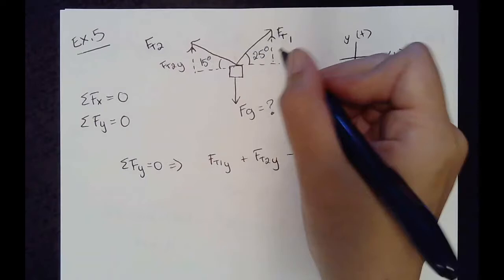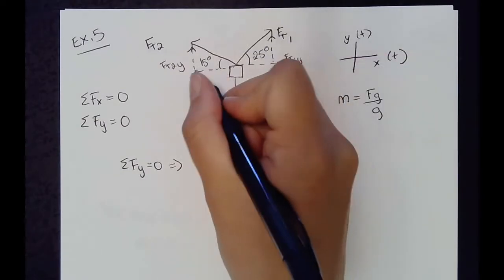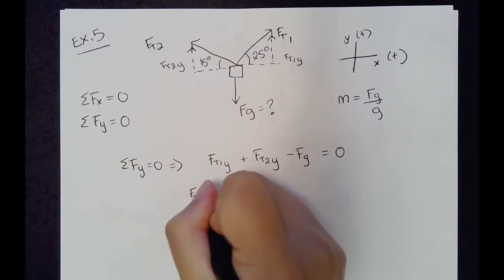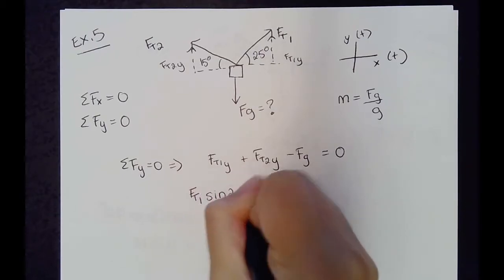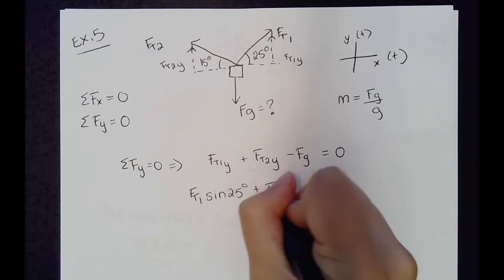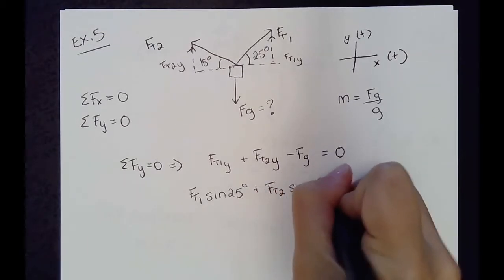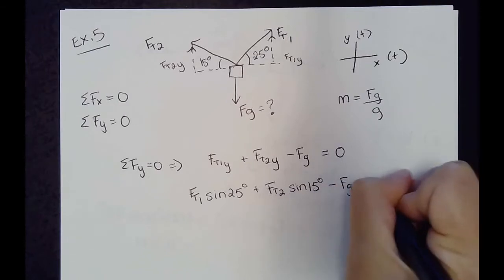Then putting in the components, they're both opposite to the angles, so they're both sine. So Ft1 sine 25 plus Ft2 sine 15 minus Fg equals 0.